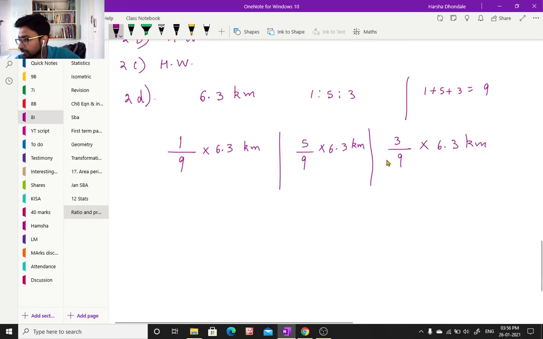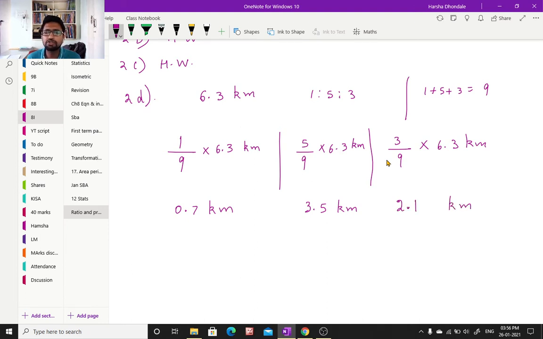What is 6.3 divided by 9? 9 7s are 63, so it is 0.7 kilometers. And then 0.7 into 5 gives me 35, 3.5 kilometers. And then 0.7 into 3, 7 3s are 21, 2.1 kilometers.